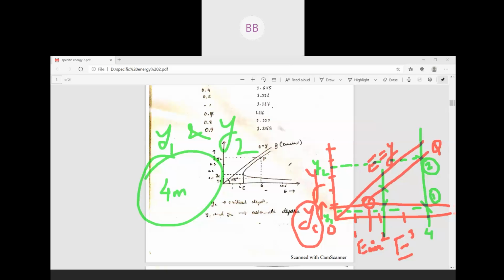Then it's fine. Okay, okay, so this two depth is called alternate depth.